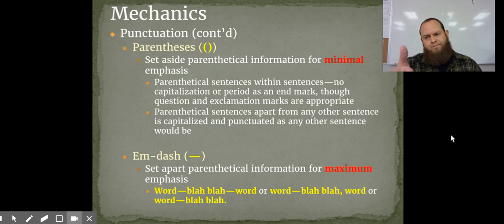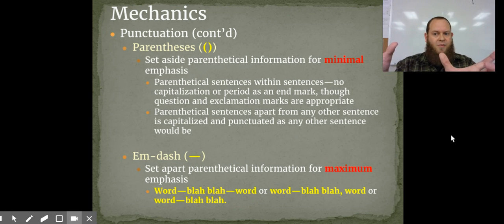Now, the em dash sets aside extra information for maximum influence or emphasis, excuse me. Okay. So in this, you see here, you've got the main message, the word there of your sentence, and then you've got an em dash and then the blah blah. That is that extra information that's unnecessary, but it's super important.